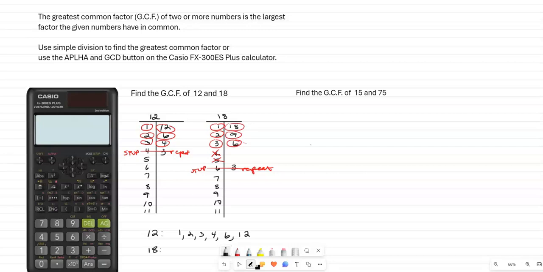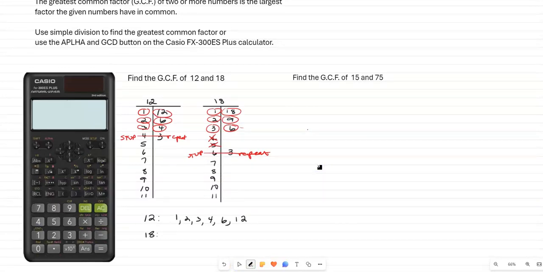So we can list all the factors of 18 as 1, 2, 3, 6, 9, and 18. So the GCF, the greatest common factor for 12 and 18, is 6. The GCF is 6. That's the largest factor that both numbers have in common.